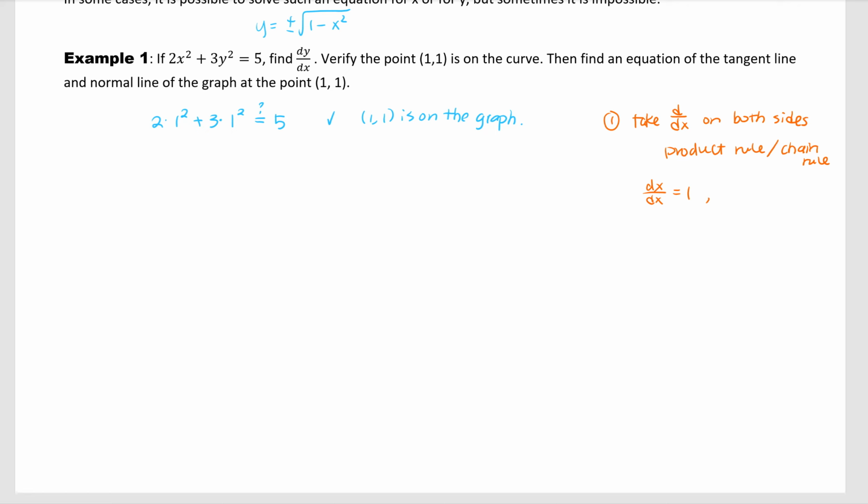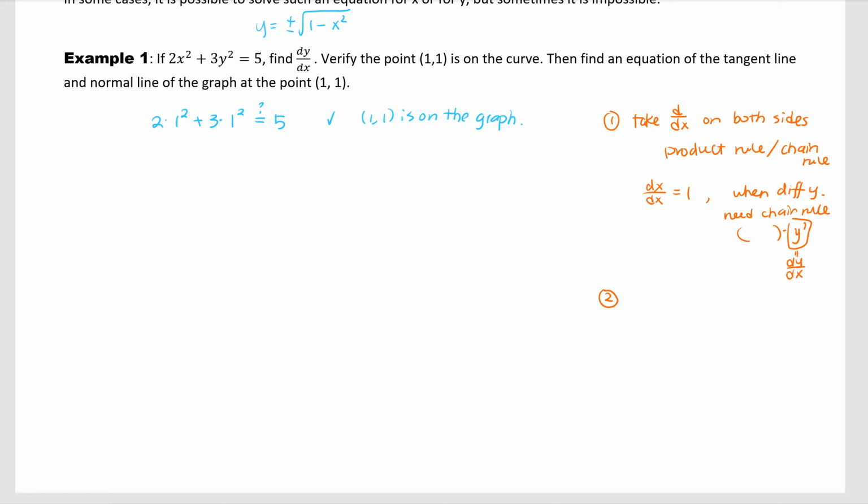But when you differentiate the y, we need to use the chain rule. So whatever the derivative of y is, at the end you multiply by y prime. Y prime is the same as dy/dx.